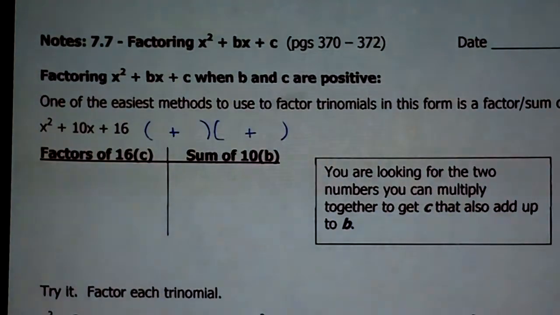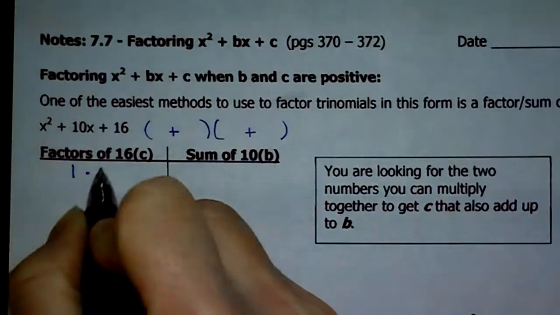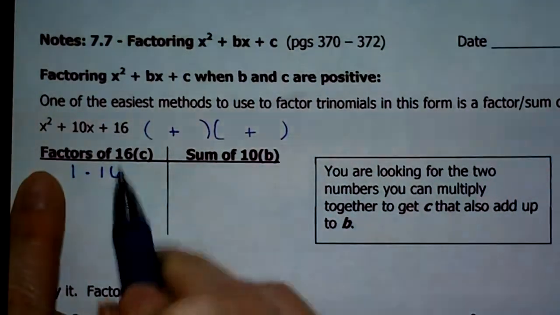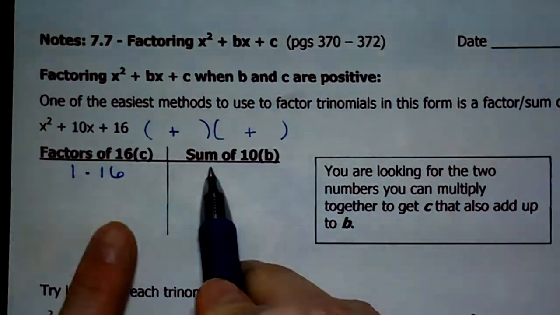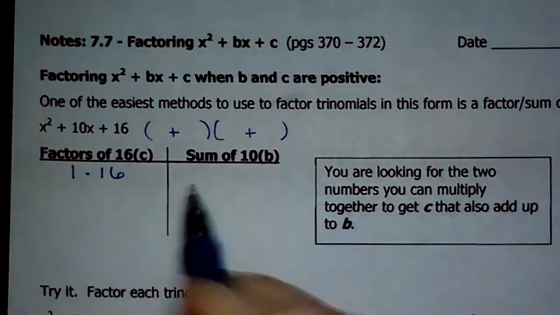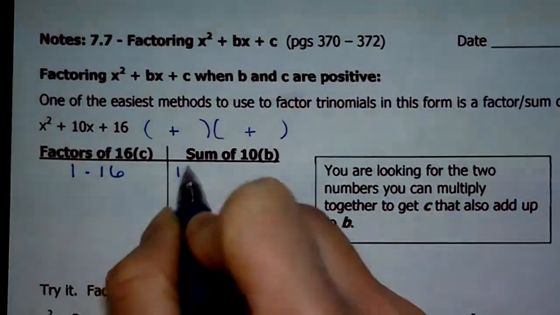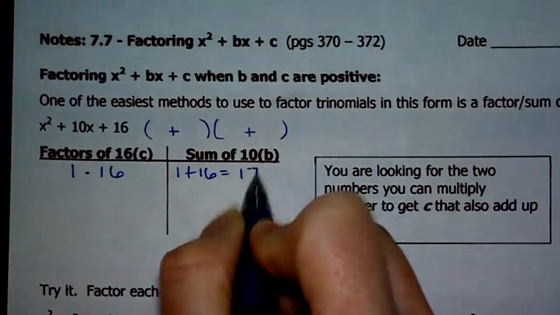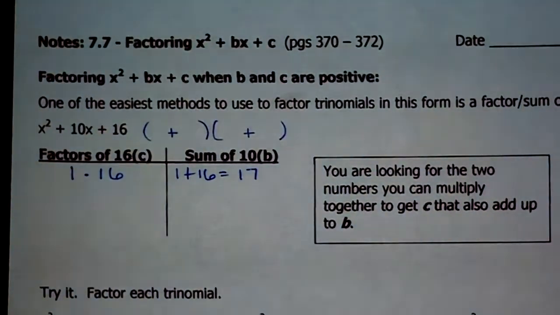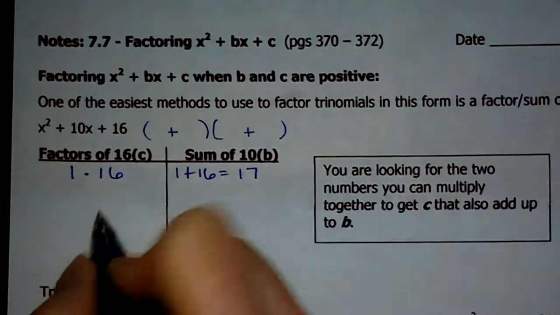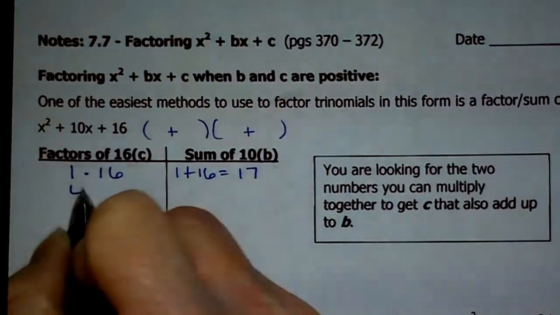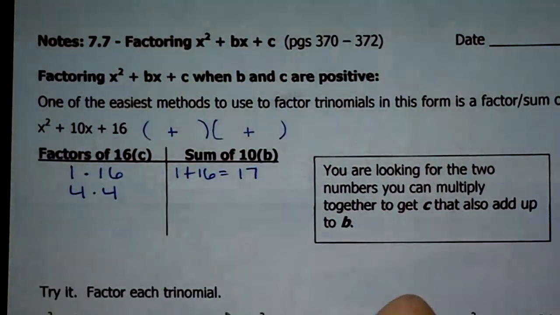Okay, so let's think about what are some factors of 16. Well, of course, I can take 1 times 16. 1 times 16 is 16. Now, when I'm looking to get the sum of the b, that means when I add these factors together, I should get 10. But 1 plus 16 is 17. So that one's not going to work. Some other factors of 16, maybe you're thinking, okay, well, I know that 4 times 4 is 16.